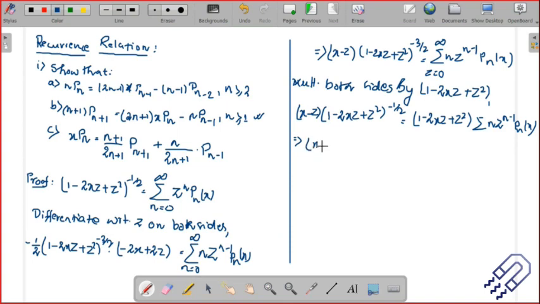Now we can obviously simplify things. I can take this x minus z, and what is this? 1 minus 2xz plus z square to the power minus half is nothing but this term, right?